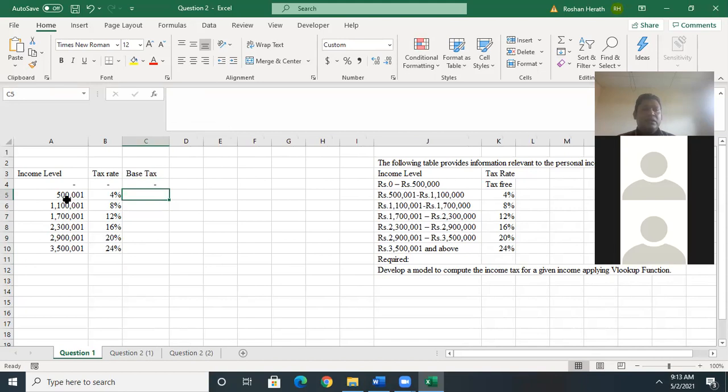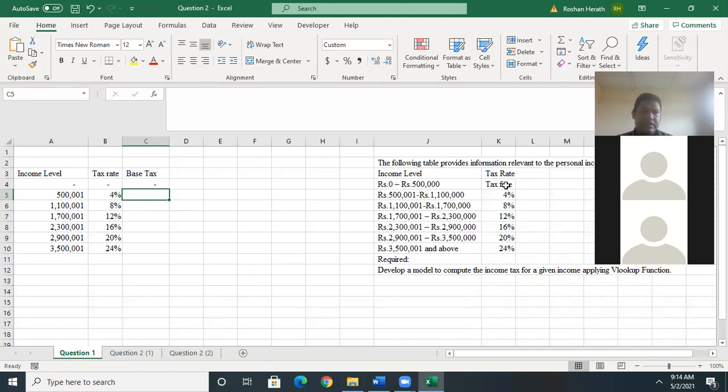Then when it comes to if there is a person who is having an income greater than 500,001. So for that particular person, he is passing the threshold level of 500,000. So depending on that, you need to decide the tax. But here you can see that up to 500,000, it is tax free.